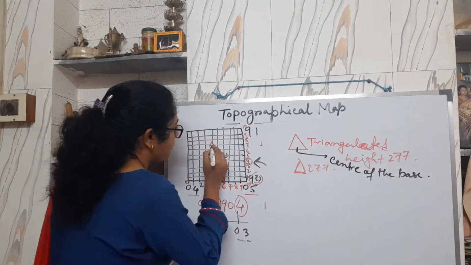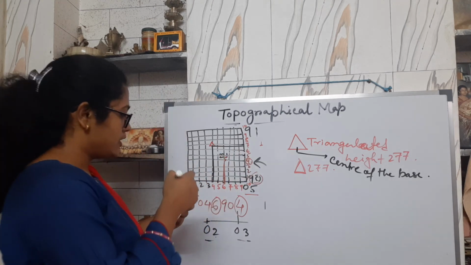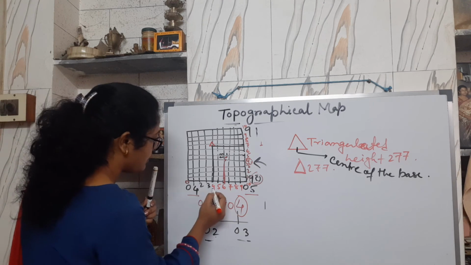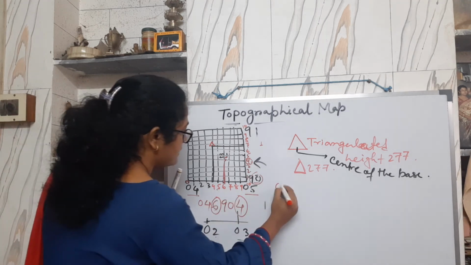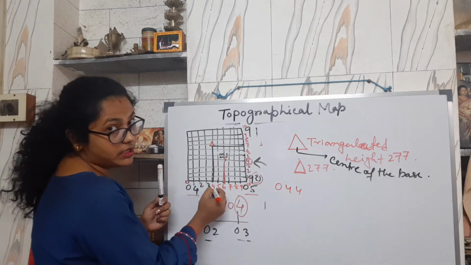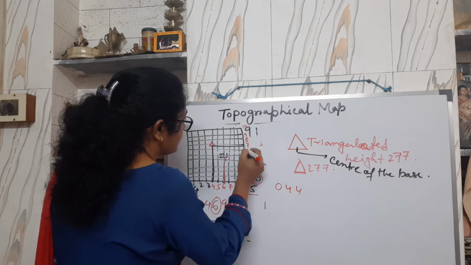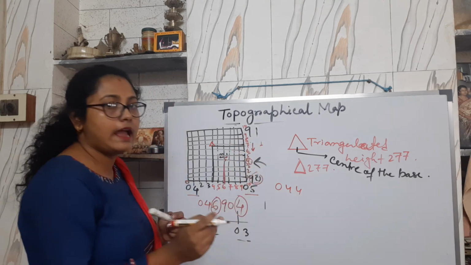Center of the base is this one. So here the easting comes 0, 4, 4 for triangulated height 0, 4, 4. Because the easting subpoint, it intersects with the four grid lines, and here it comes between 6 and 7.